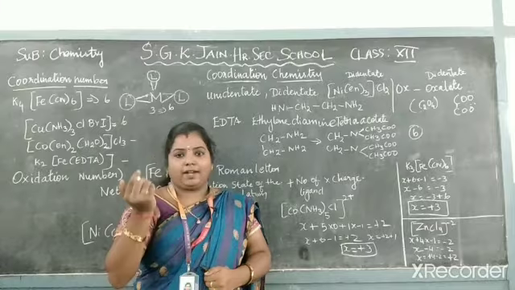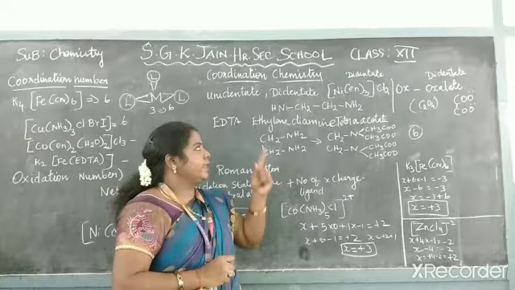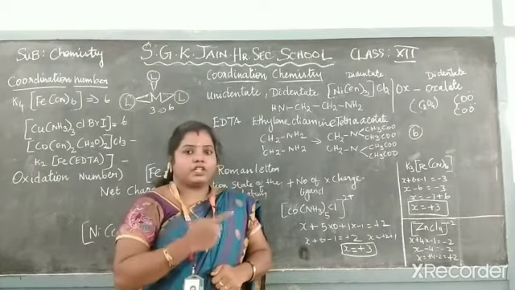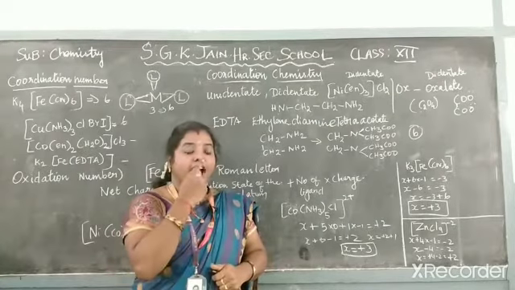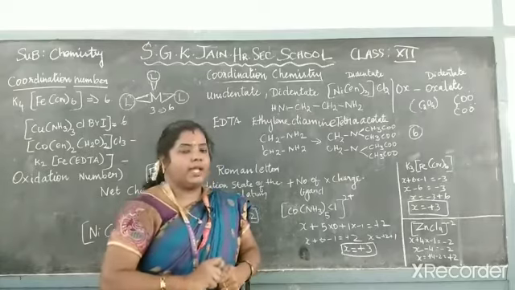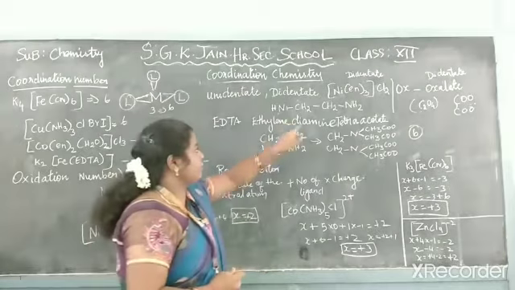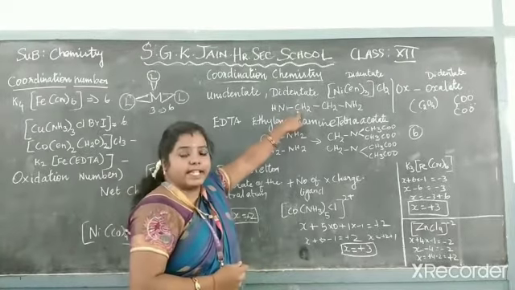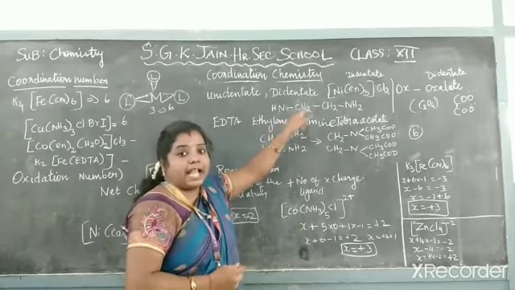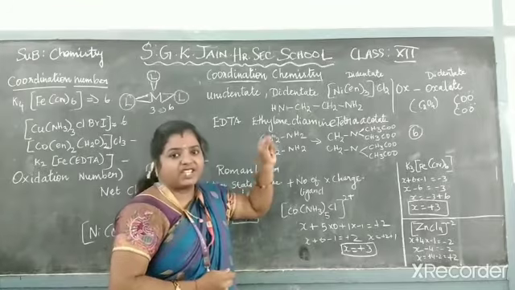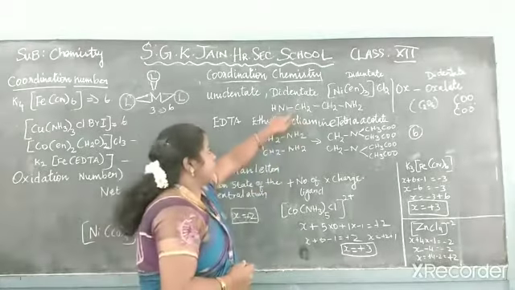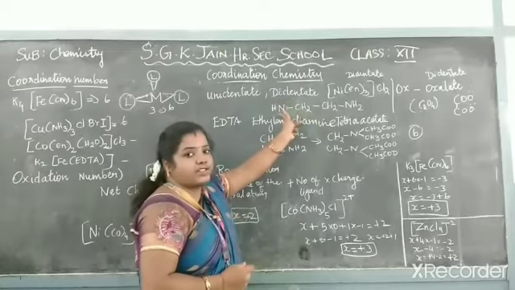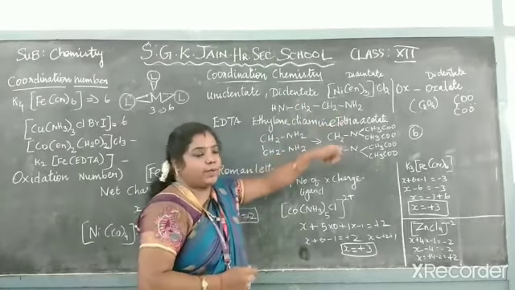Okay, so how many ethylene diamine are there? 3 ethylene diamine. Can we put coordination number as 3? No, we have to calculate at the donor atom. Let's see with the formula. Diamine, ethylene means CH2 double bond only. Diamine, 2 amine groups are attached to the ethylene. So CH2, CH2, NH2, NH2. So here one nitrogen will be bonded, here one nitrogen will be bonded.